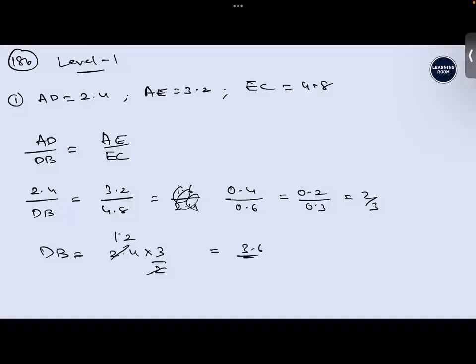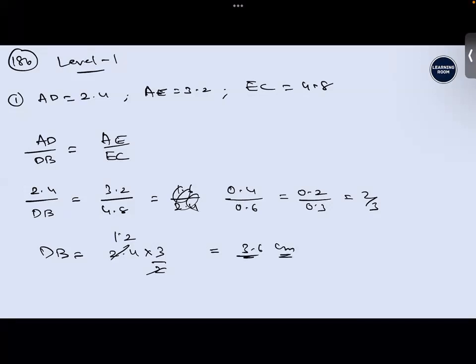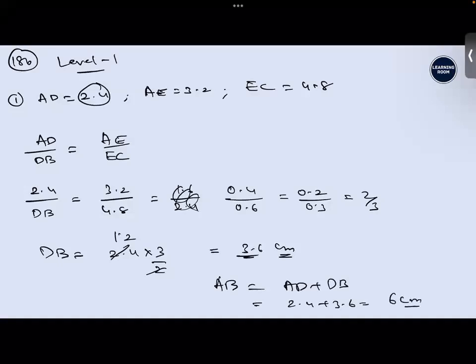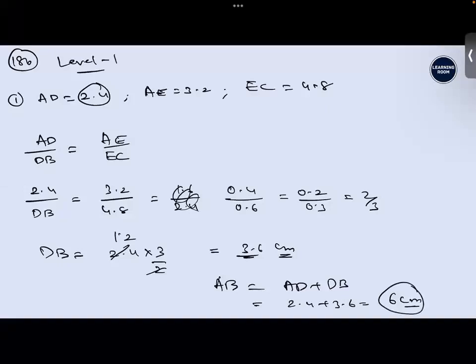But 3.6 is not the answer. 3.6 plus 2.4 will be the answer, because they didn't ask what is DB, they asked AB. AB is equal to AD plus DB, so 2.4 plus 3.6 gives 6 centimeters. I told you they will do that. Be careful, okay?